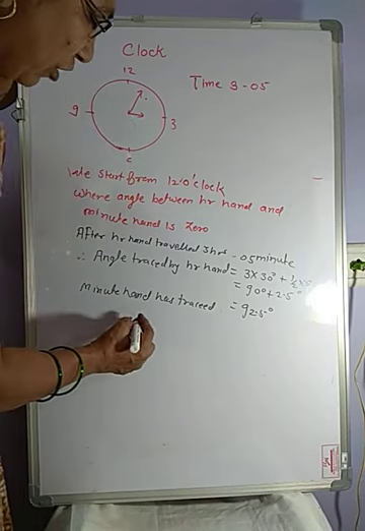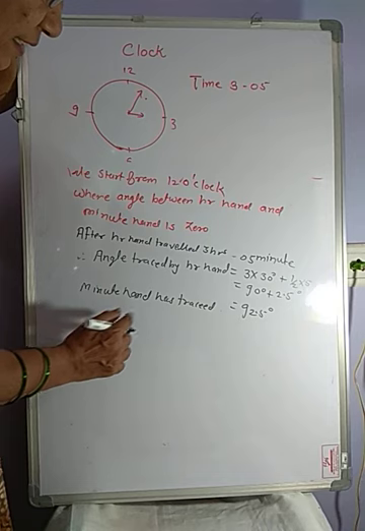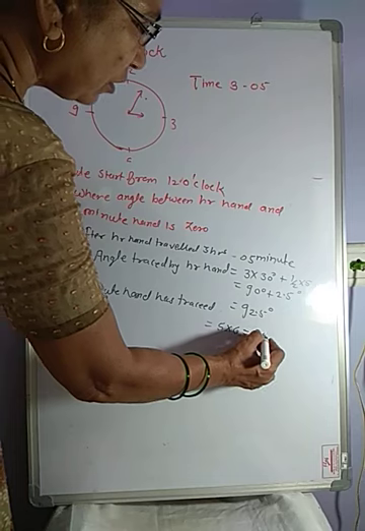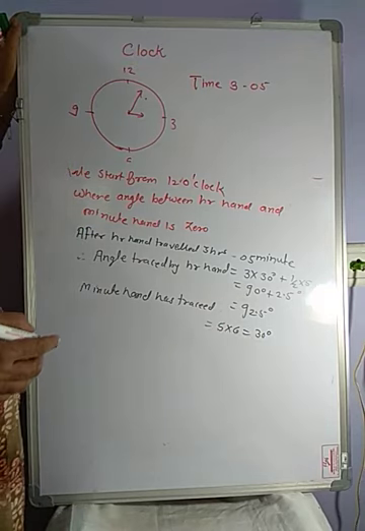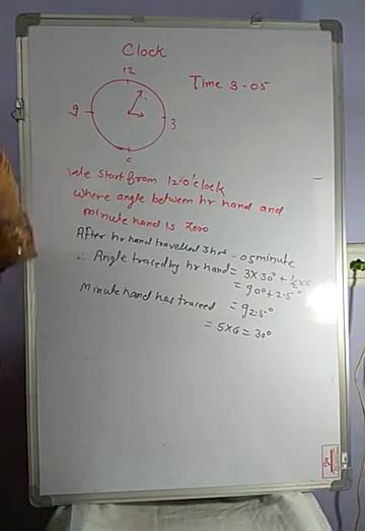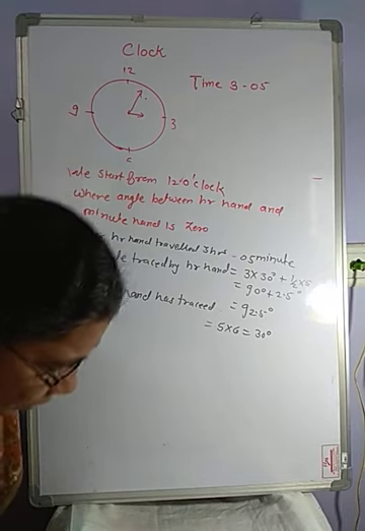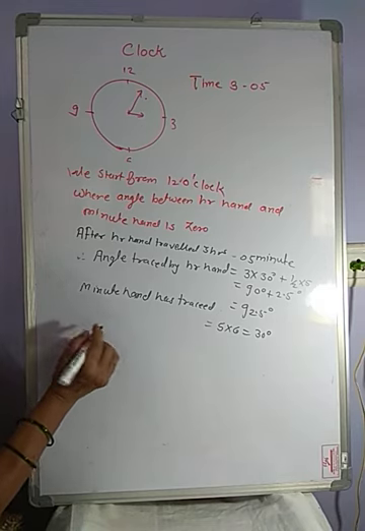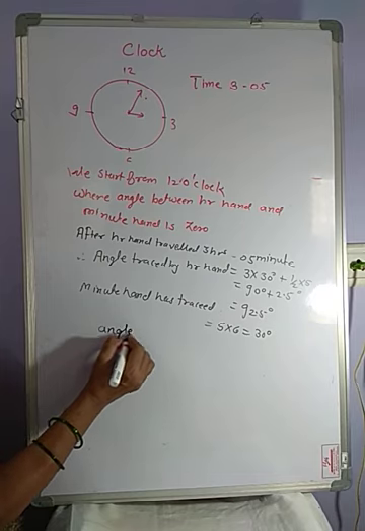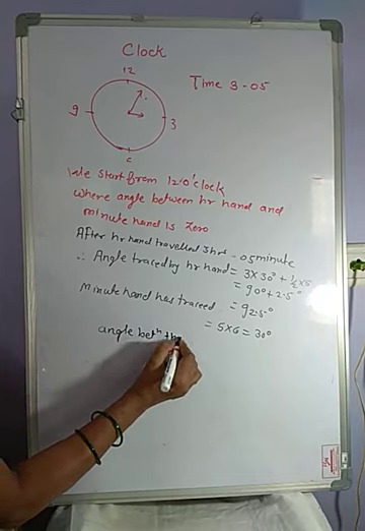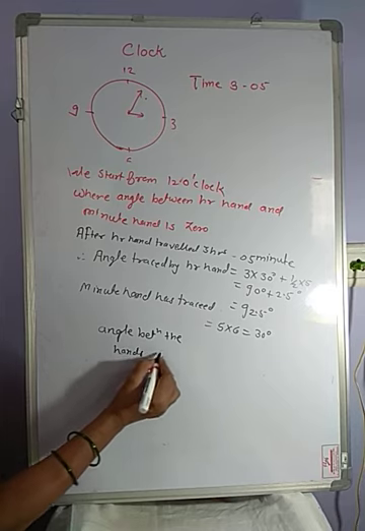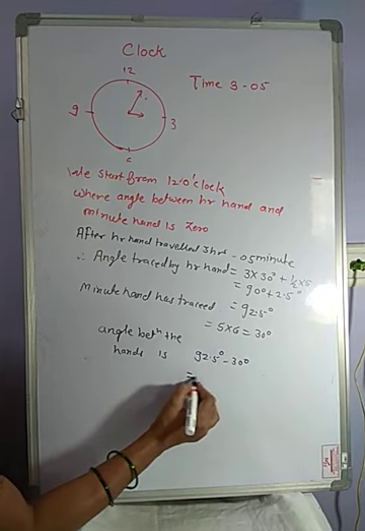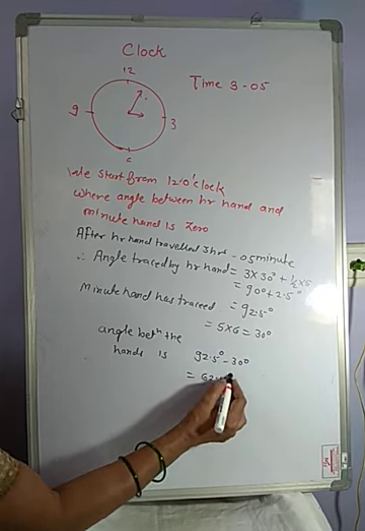Speed of the minute hand is 6 degree per minute, so 5 into 6 is equal to 30 degree. Now which one is bigger? 92.5 is bigger. And therefore the angle between the hands is 92.5 degree minus 30 degree, that is equal to 62.5 degree.